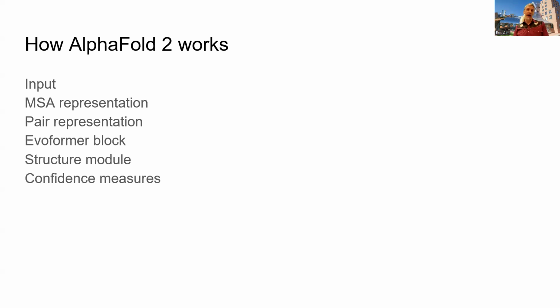The output of that is a module that computes protein structures directly. And then AlphaFold 2 also outputs confidence measures. So we know on a residue by residue basis which part of the protein structure we should actually trust, which it is most confident about.